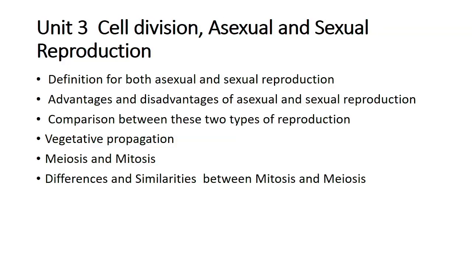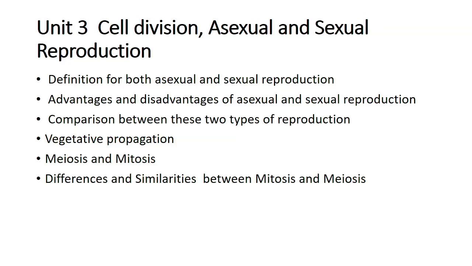So remember, we have somatic cells, which are body cells, and we also have the gametes, which are sex cells. You notice that sex cells and somatic cells have different numbers of chromosomes because of how they divide. Somatic cells divide by mitosis, and gametes or sex cells divide by meiosis.